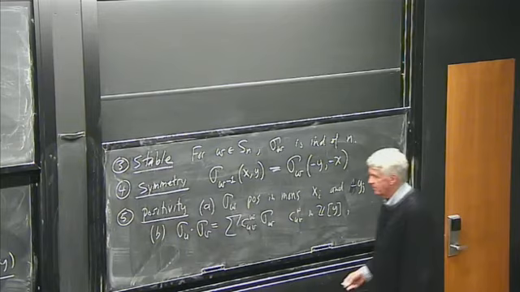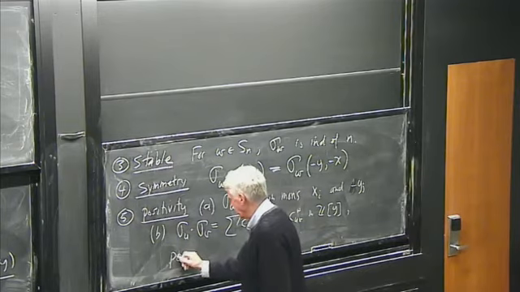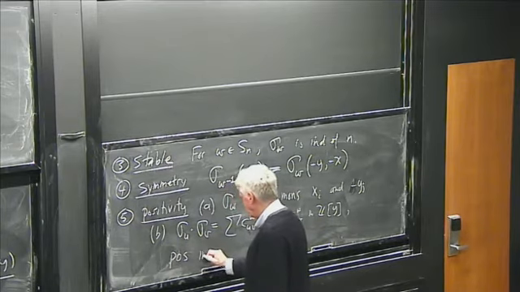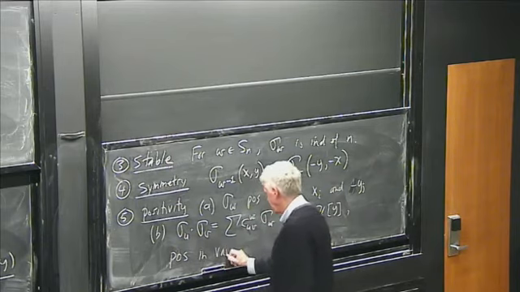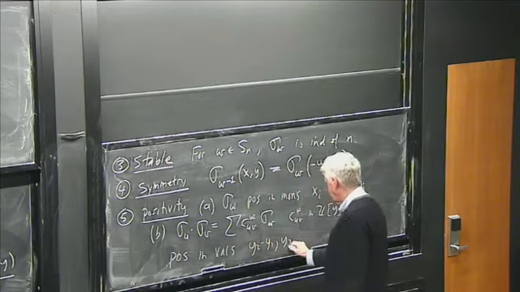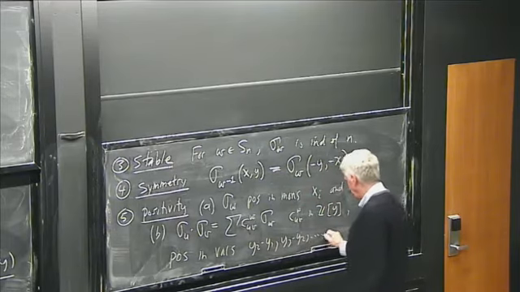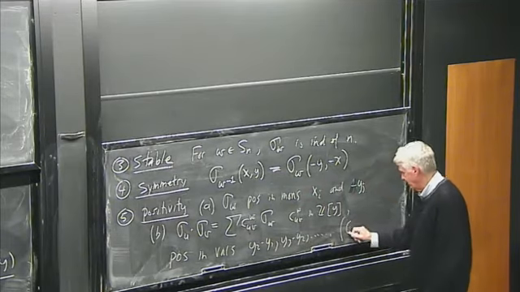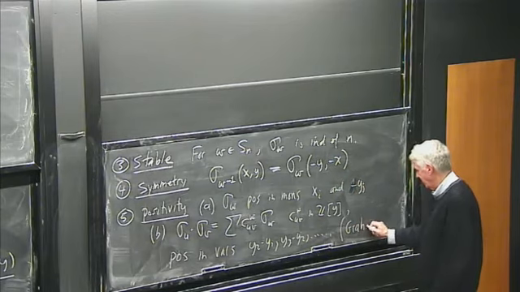But in fact, they're positive in the variables. So y2 minus y1, y3 minus y2, and so on. And this is a beautiful, quite deep theorem of Bill Graham.